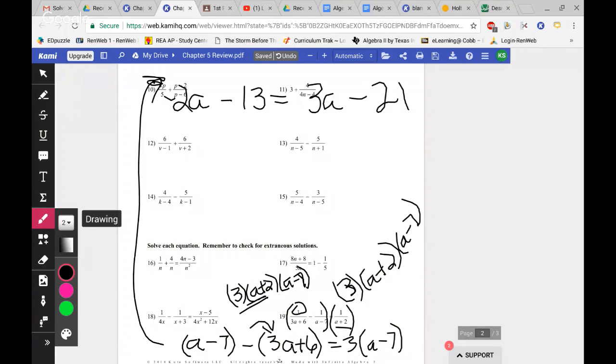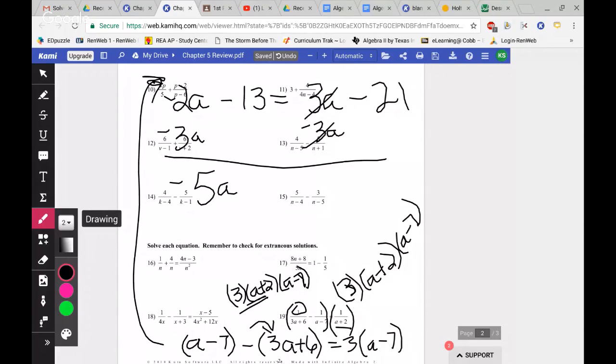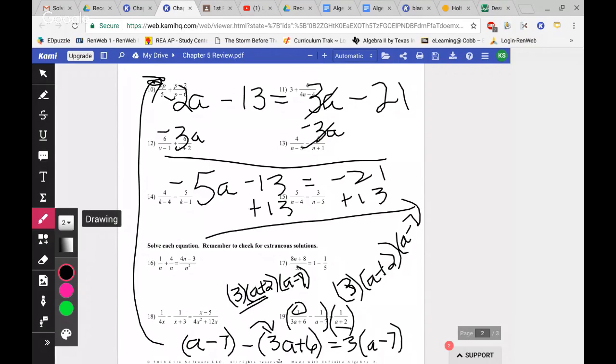Okay, thanks. And so then I'm going to subtract the 3a from both sides. That's going to give me a negative 5a minus 13 equals a negative 21. And then I'm going to add 13 to both sides, and that's going to give me a negative 5a equals a negative 8.